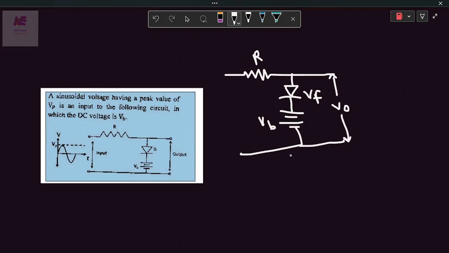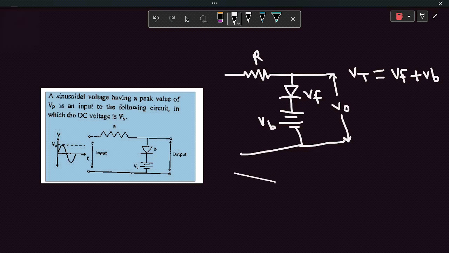In this case, if the input voltage goes above the total voltage, which is nothing but Vf plus Vb, the diode starts conduction.